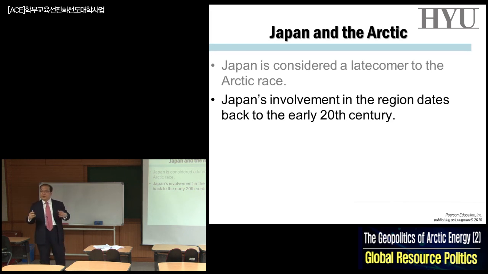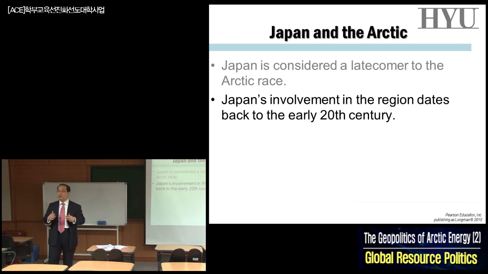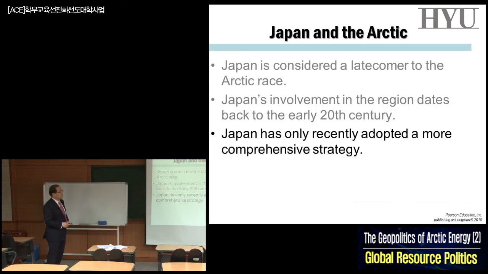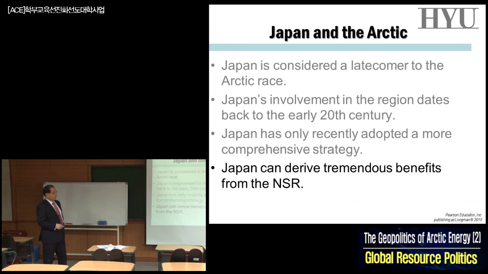In terms of energy diplomacy, Japan has had a very long history of involvement here and there, even in the Arctic. Only recently did Japan adopt a very comprehensive Arctic strategy, because, like I said, Japan potentially can become a huge beneficiary from the NSR.